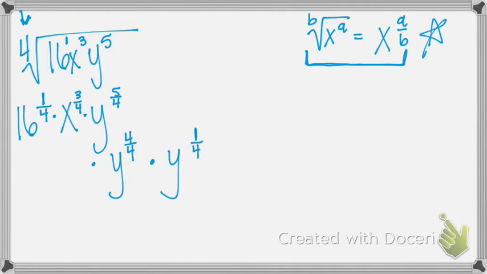So do you see what I mean by trying to get one of the powers to equal 1? What does 4 divided by 4 mean? Well, it's 1. So this simplifies to just a y times a y to the 1/4. Okay, now let's go back and do x to the 3/4 power. Can we simplify it and try to get a 1 out? No. So we're just going to leave it.